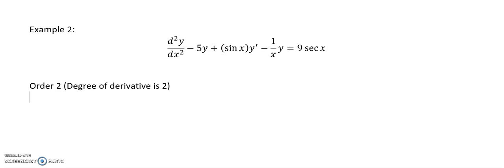Even though there's a first derivative in here, we care about the fact that this is a second derivative, and so the second derivative is what counts. Now, in terms of linearity, this second derivative is by itself. This function of y is not being multiplied by any other functions of y. This y prime is not being multiplied by any functions of y. So this is linear.